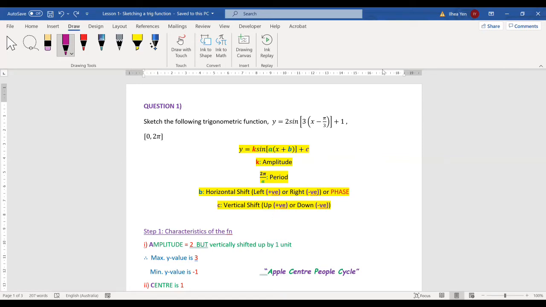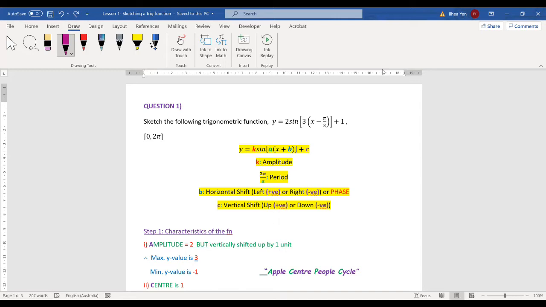If it's positive, it's shifting to the left, and if it's negative, it's shifting to the right. So here, what we have is a negative pi over 3, which is negative, so it's going to shift to the right. And also, horizontal shift is also called phase.